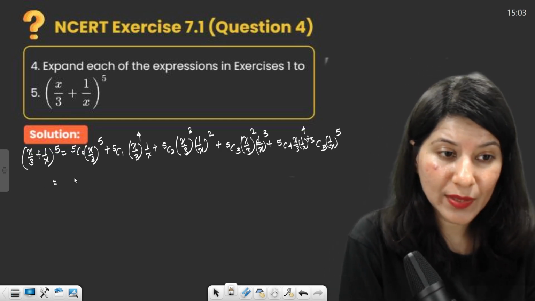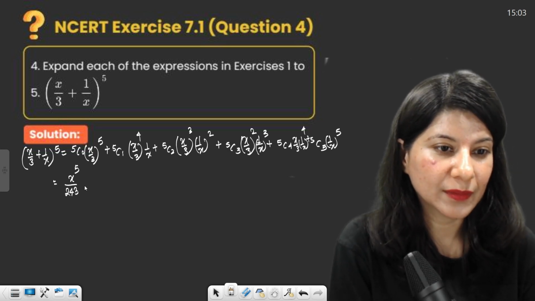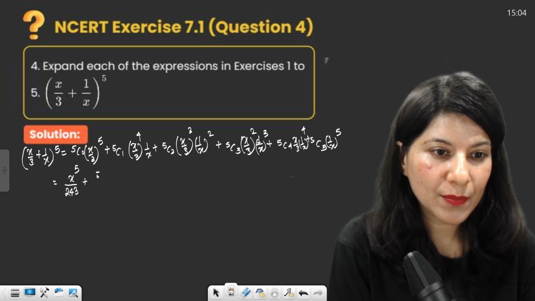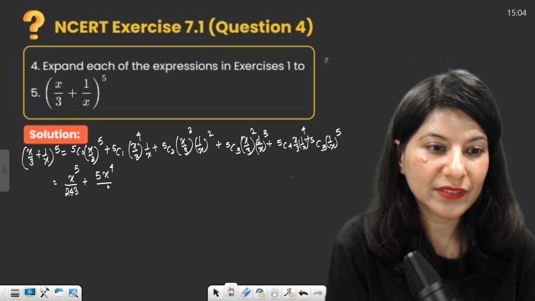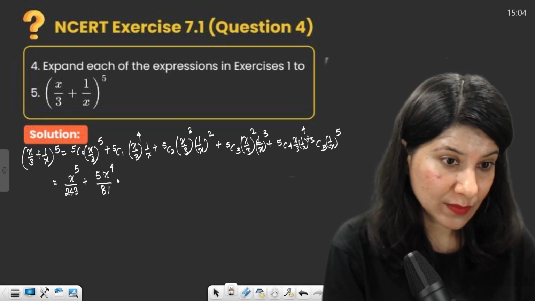So 5C0 is 1. x raised to power 5, 3 raised to power 5 is 243 plus 5 upon 5x raised to power 4 upon 3 raised to power 4 is 81. Okay. But there is 1 by x involved.